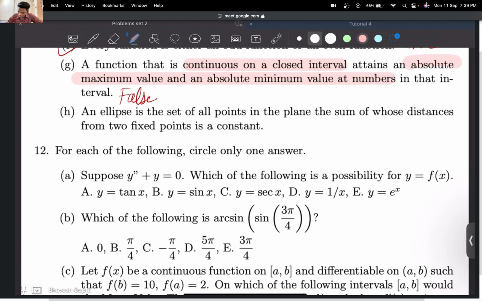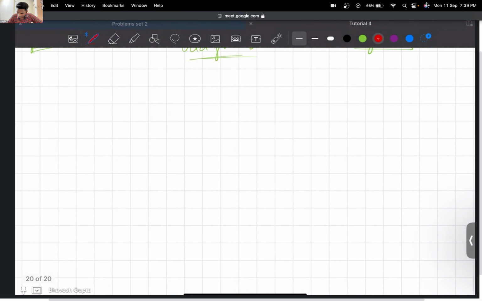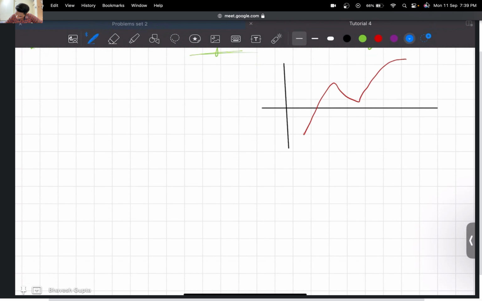You can still have them at the boundary points, which are not the maxima. Again, let me show the diagram. Let's say you have this idea. For example, this is x equal to a, and this is x equal to b. This is a closed interval, and you can see the absolute minimum is here and the absolute maximum is here. So you can have absolute minimum and maximum at boundary points.